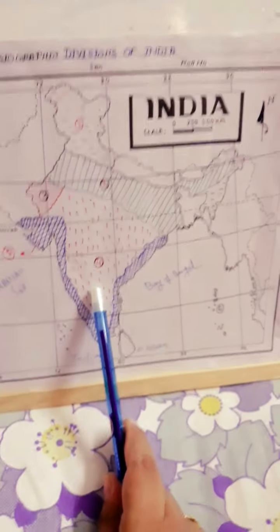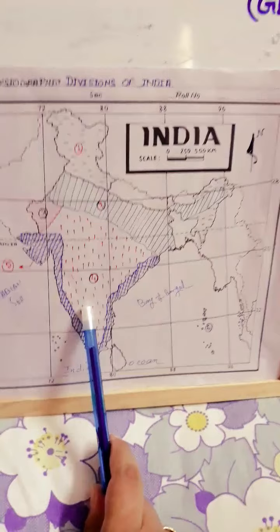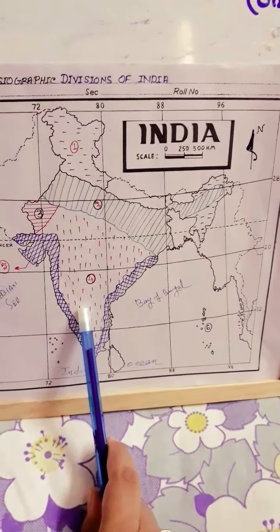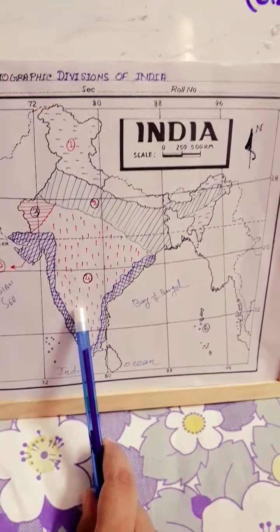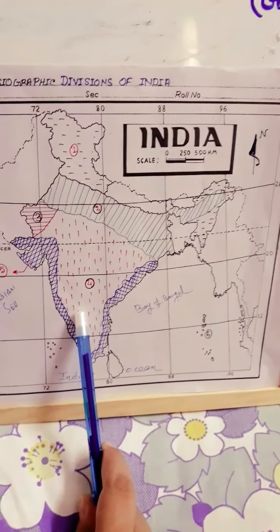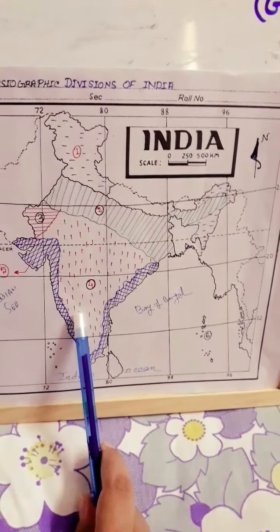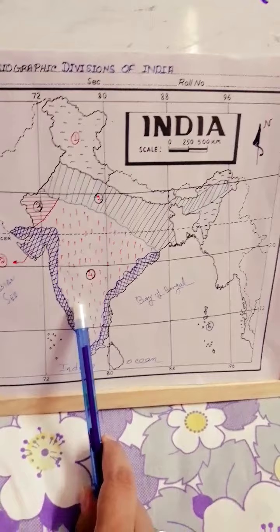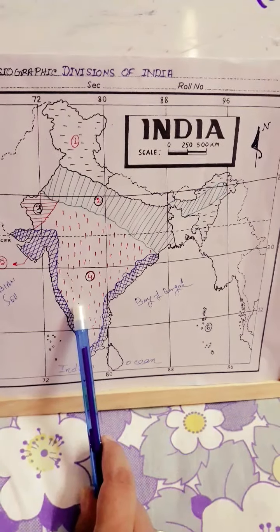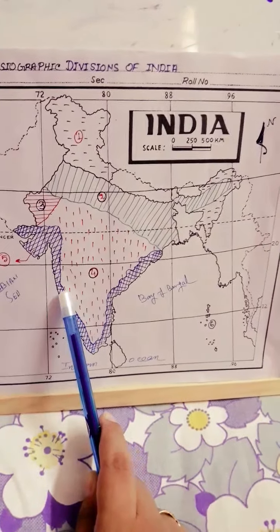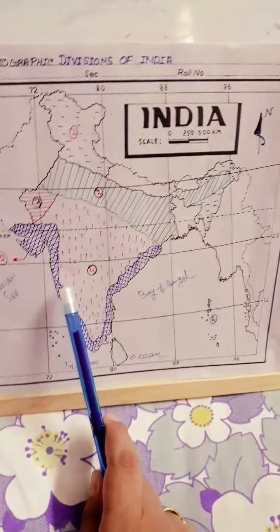But this portion of the Indian map is not youthful. This is a very ancient landmass on the earth's surface. The Peninsular Plateau is composed of igneous and metamorphic rocks with gently rising hills.